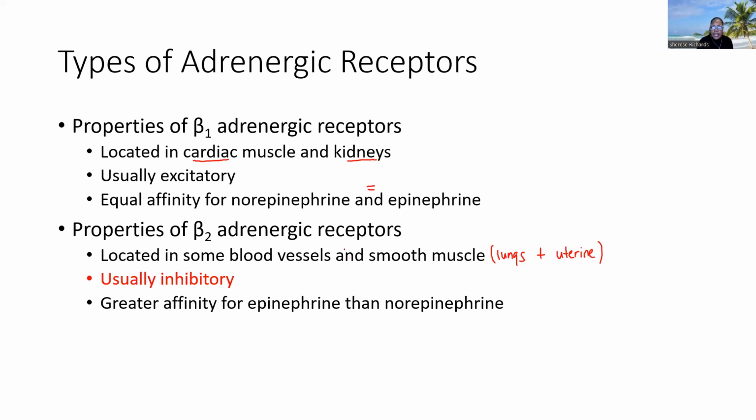So again, when we talk about inhibitory, they're going to decrease activity on the effector tissue, or decrease stimulation of their effector tissue. That's another way to say that. Whereas beta 1 is going to excite or increase the excitation or sensitivity or stimulation on their effector tissue. Beta 2 receptors, on the other hand, are going to have greater affinity for epinephrine over norepinephrine.